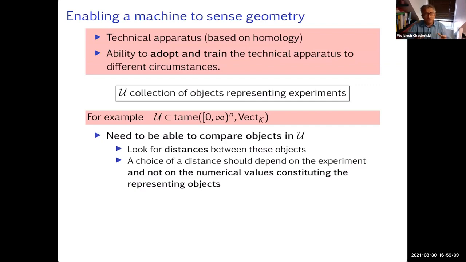Okay. So how can you use it to analyze data? At the end of the day, we want to analyze the information we got. So that means that you need to be able to use statistics, machine intelligence, maybe in the form of some machine learning algorithms, which means that we need to choose kernels on these representing objects U. The kernels which, for example, allow us to apply various machine learning algorithms.